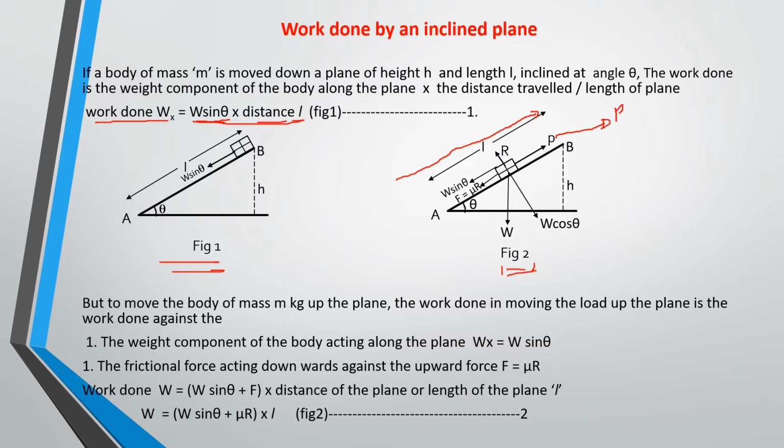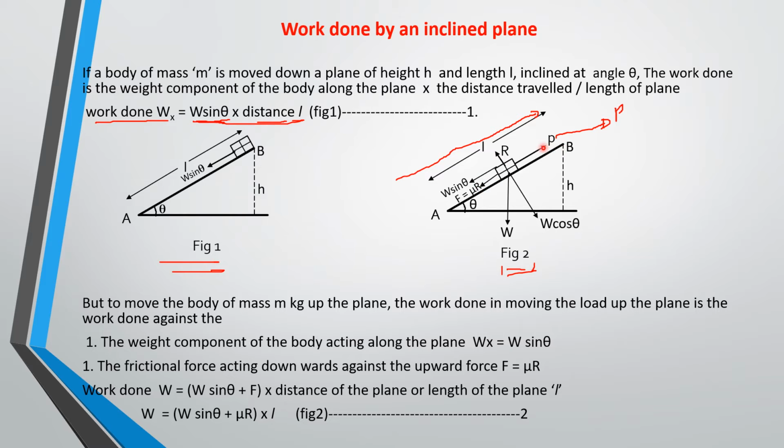One, the weight component of the body down the plane, and then the frictional force that is opposing the motion. I hope you can see it here. The weight component is W sin theta, then the frictional force equals mu times R, which is the normal reaction.